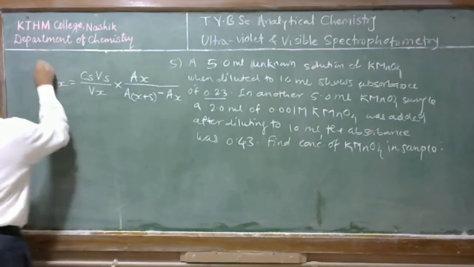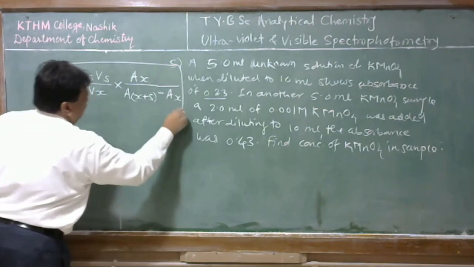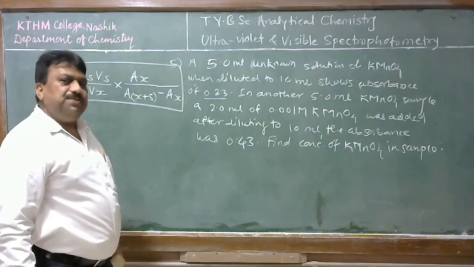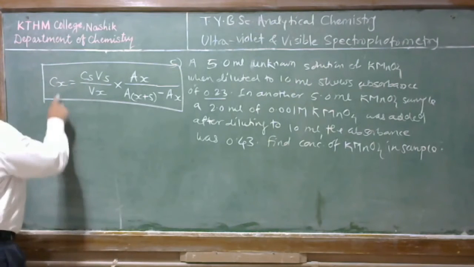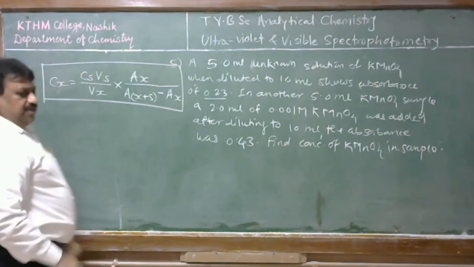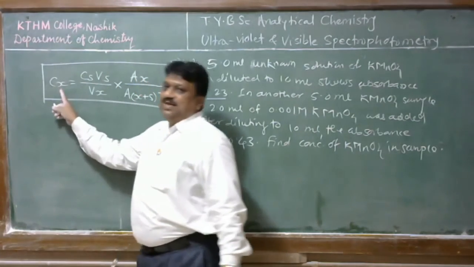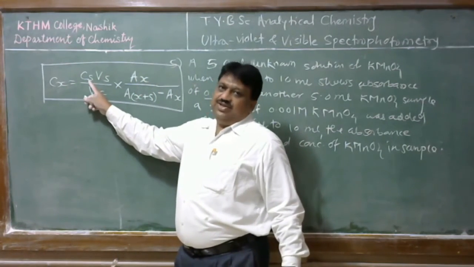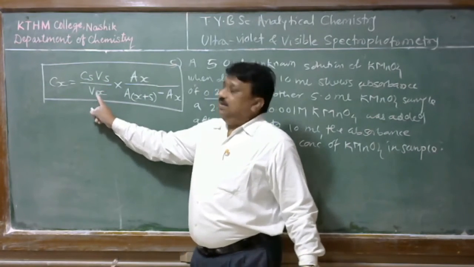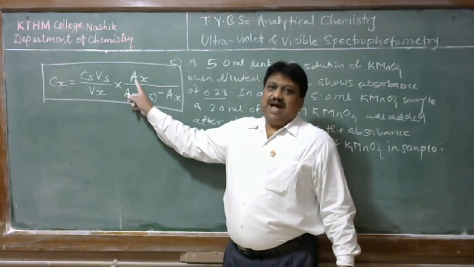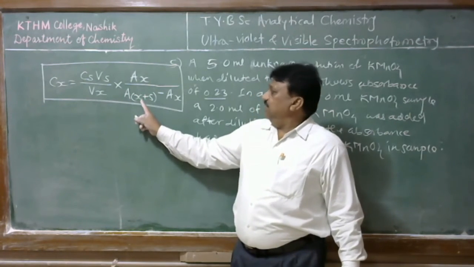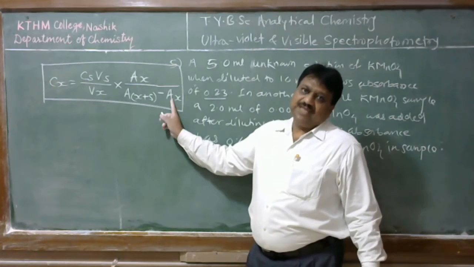This is the formula that we can use for calculation of the concentration of a sample by the standard addition method. Here Cx is the concentration of the sample, Cs is the concentration of standard, Vs the volume of standard, Vx the volume of sample, Ax the absorbance of sample alone, Ax plus S the absorbance of sample containing standard.